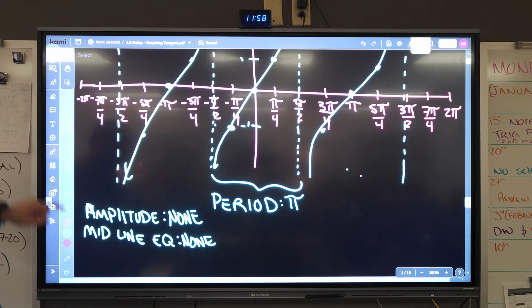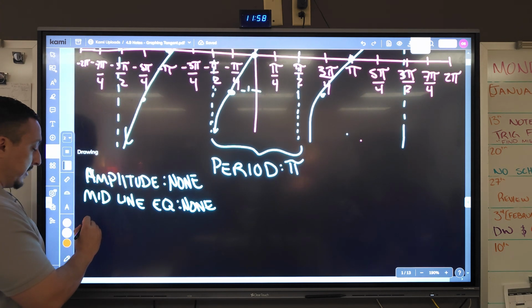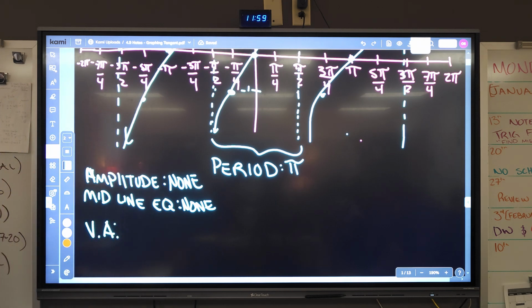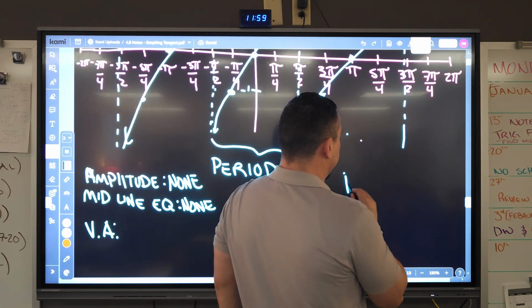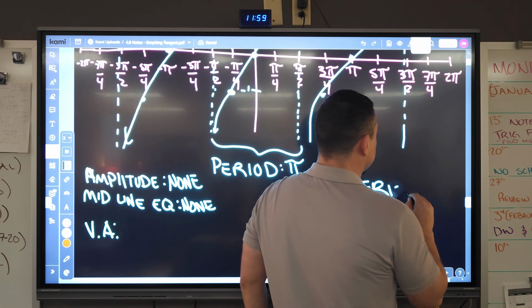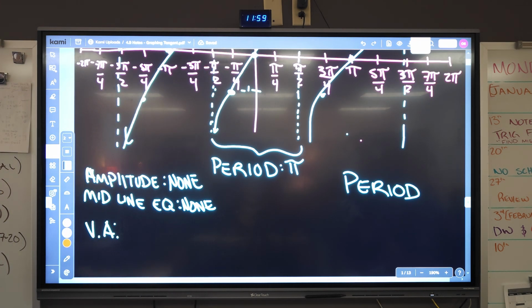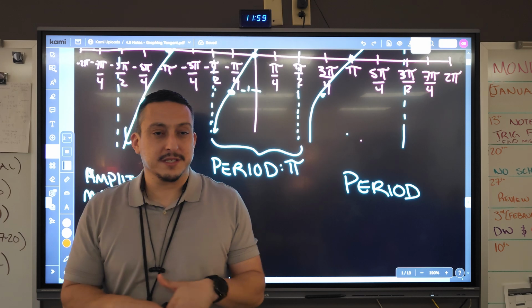What we do have for tangent is a vertical asymptote, a VA. So we do have a vertical asymptote. That's what's different. For period, the formula to find the period of a tangent function is very similar to yesterday's. Does anybody remember off the top of their head yesterday's?